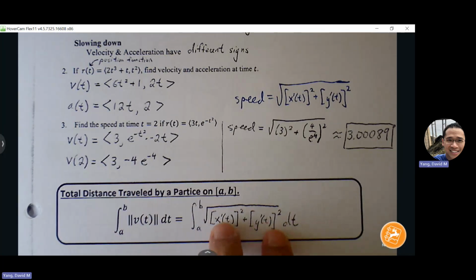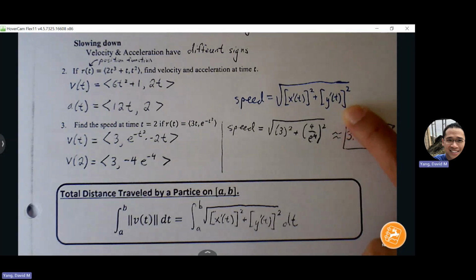We know speed is always going to be positive, right? So if we accumulate all the speed values, all the positive velocity over the course of an interval, we're going to get total distance. So we're just putting an integral around speed to get our total distance traveled along a curve or a function that is in component form.